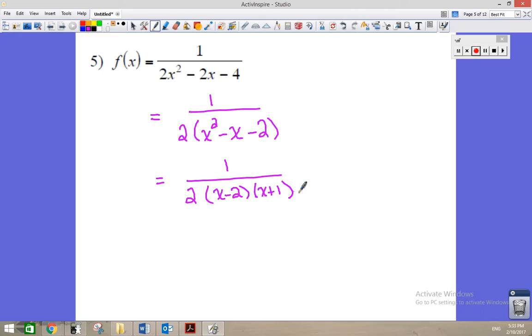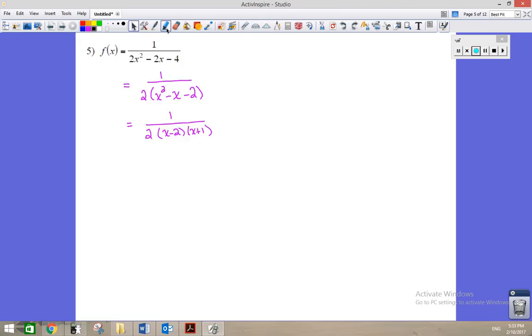Alright, we found them. Now, it wants us to identify the domain, and we always do that before we try to reduce the function. So the domain of this function f in set builder notation is the set of x such that x is an element of the set of real numbers, and we exclude the number positive 2, because it causes division by 0, and we exclude the number negative 1, because it causes division by 0.